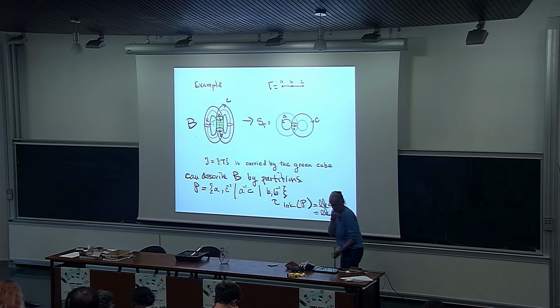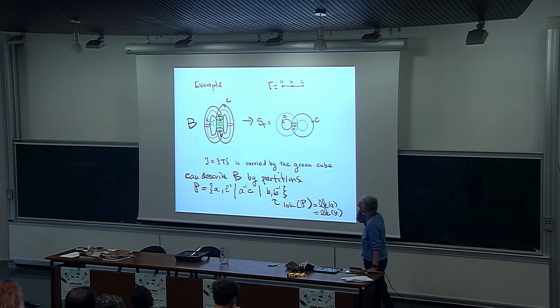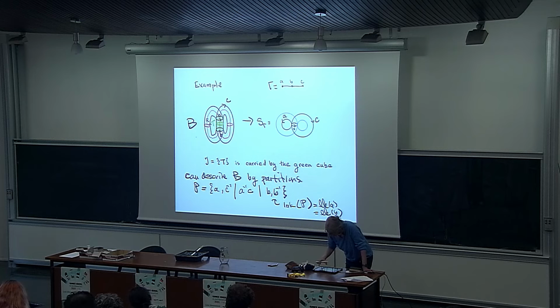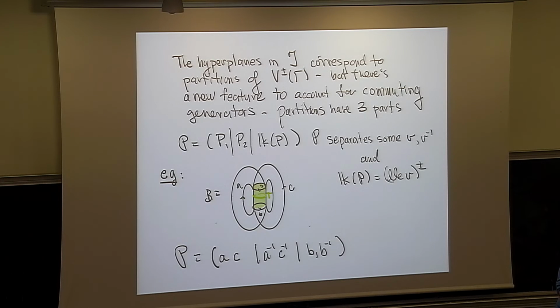So a gamma complex is something you can describe by partitions. That's the takeaway from this. And there's only finitely many partitions, so there's only finitely many gamma complexes. Here it corresponds to partitions, but there's a new feature: we've got 3 parts to the partition instead of 4 parts.